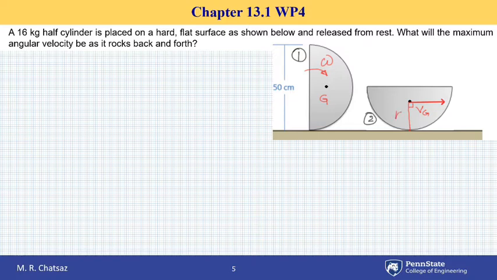I label the radius of rotation with lowercase r, not to be confused with the radius of the cylinder, which I label with cap R. So let's say this is cap R, which is equal to half of the diameter, or 0.25 meters. Now if you look up the table of properties for this shape, the mass center is located at this distance.